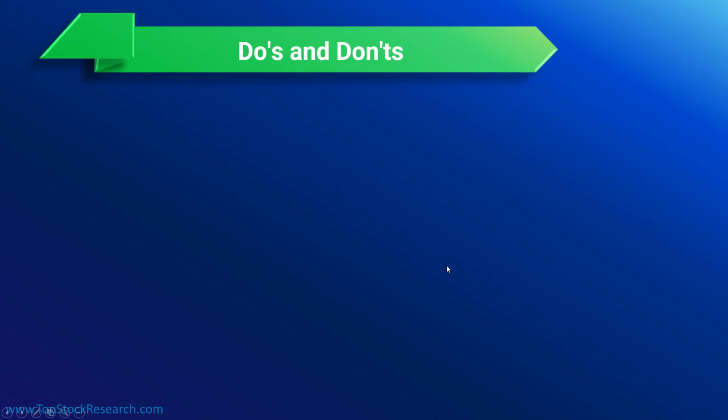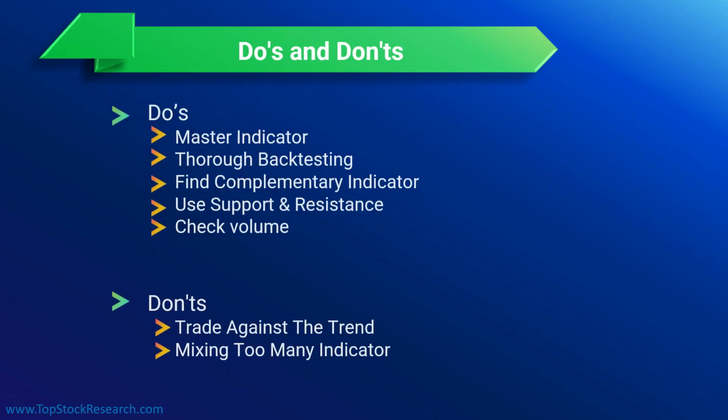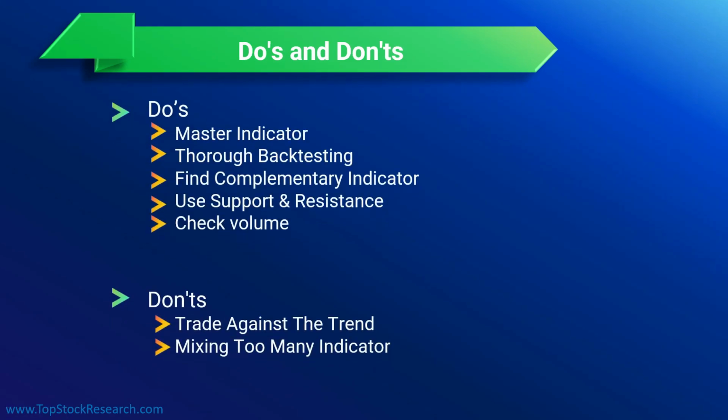Do's and don'ts, same thing. Do thorough backtesting. Go for a number which really works for you. Not every number will work for all the stocks. There are always high beta, low beta stocks. High beta stocks will perform differently, low beta stocks will perform differently, uptrend will perform differently, down will too. Look at the major direction of the stock market.